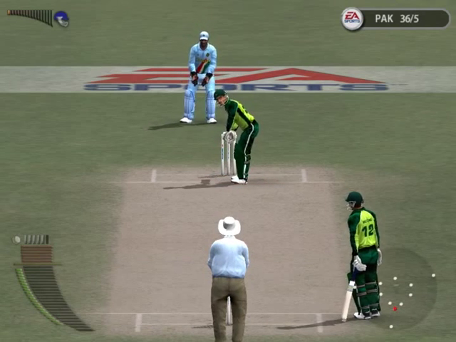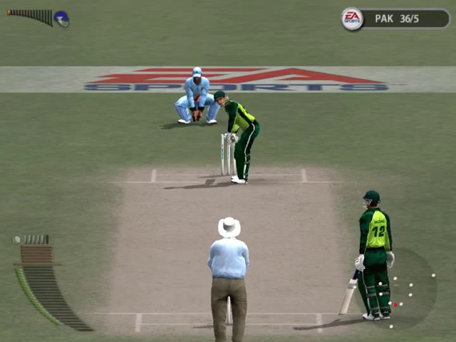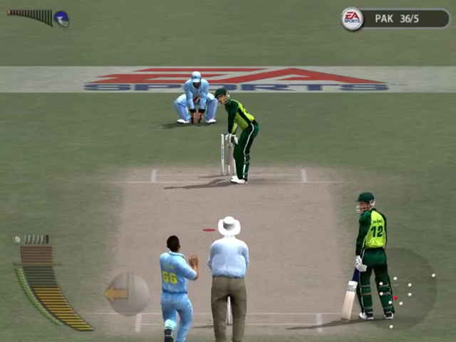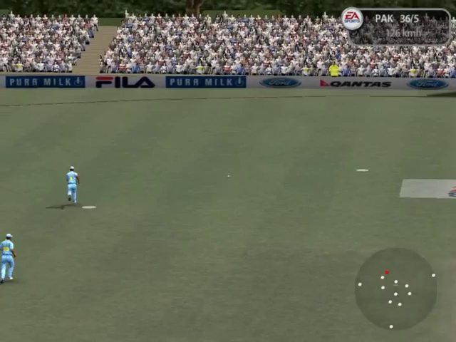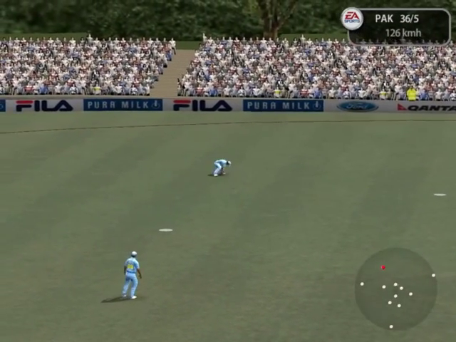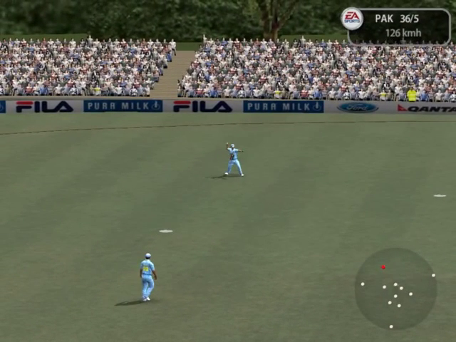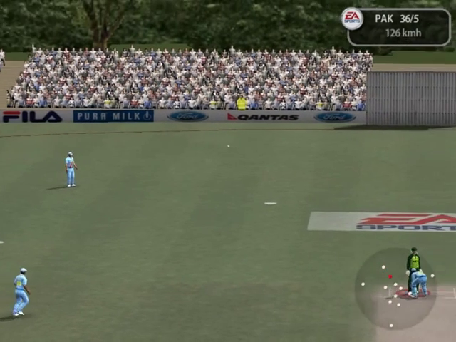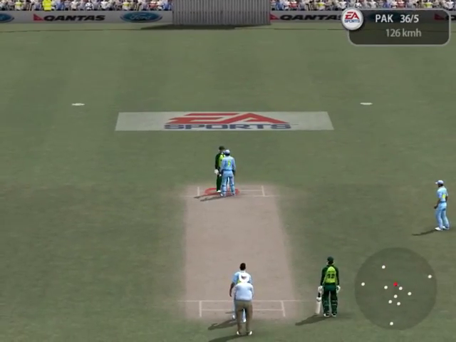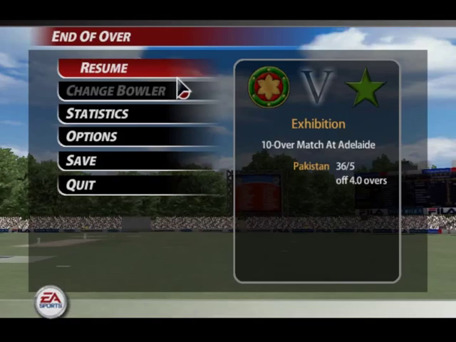Kamran Akmal waiting at the striker's end. That one will have ruffled his feathers. Oh, that could be a very painful blow. And the end of the over. Some good attacking.